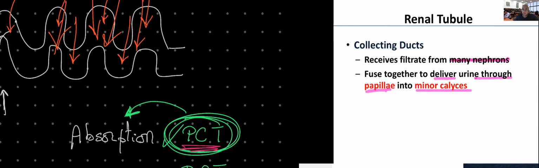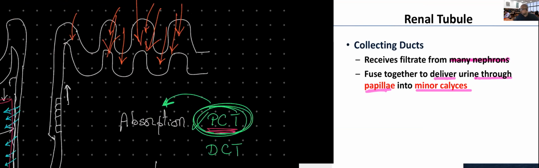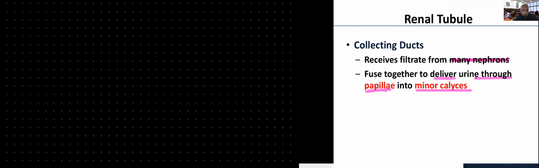I've got a question here. Are we saying that the peritubular capillaries reabsorb water, or that the actual proximal convoluted tubule absorbs water? We're going to get to the details of absorption and secretion in our next sessions.